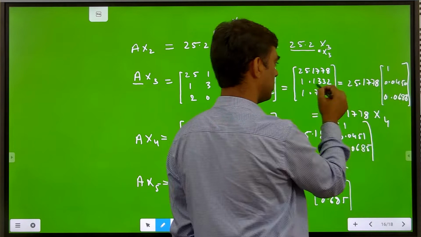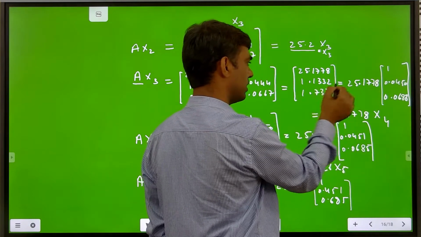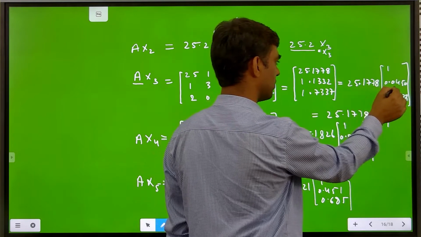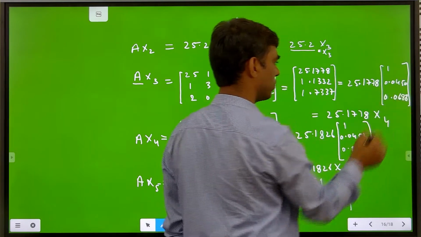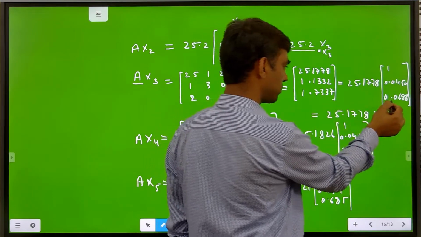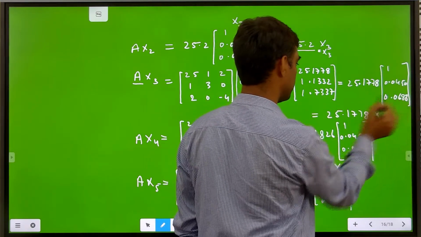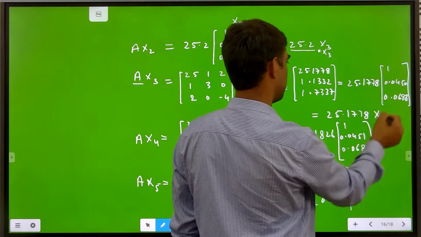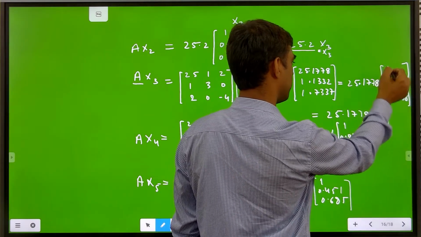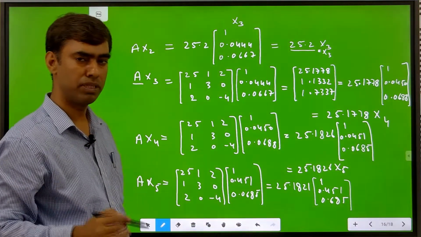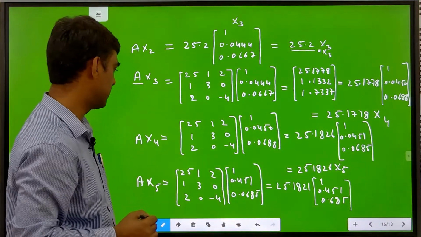Then 1.1332 divided by 25.1778 gives 0.0450, and similarly 1.7337 gives 0.0688. For the next iteration, this vector x4 is treated as the approximate eigenvector.